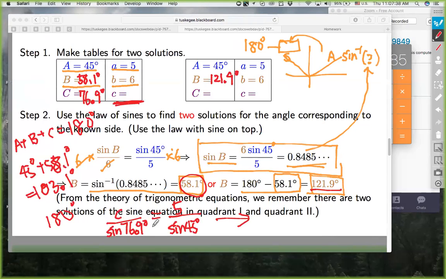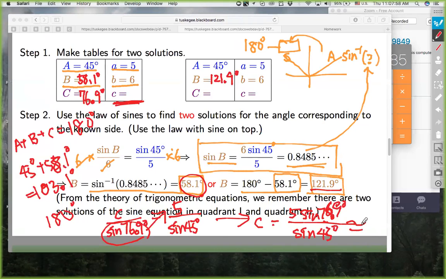Solve this equation. Basically, you're moving this part to the opposite side on the top. 5 sine of 76.9 degrees over sine of 45.